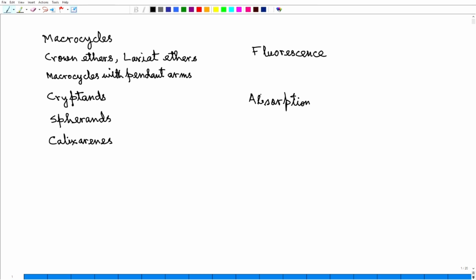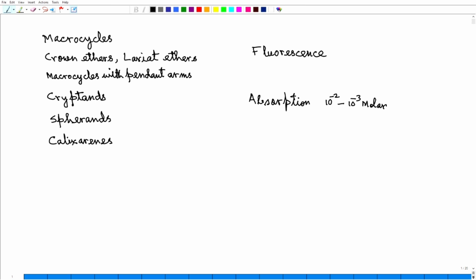Why? Because for absorption, usually we take a solution of maybe 10 to the power minus 2 to 10 to the power minus 3 molar. Not very dilute.